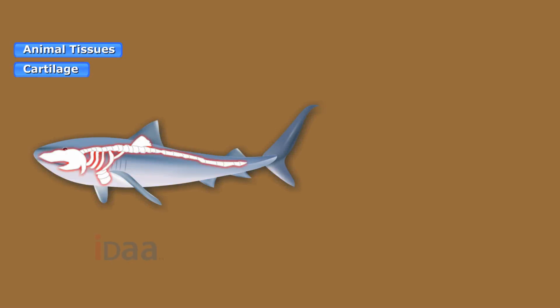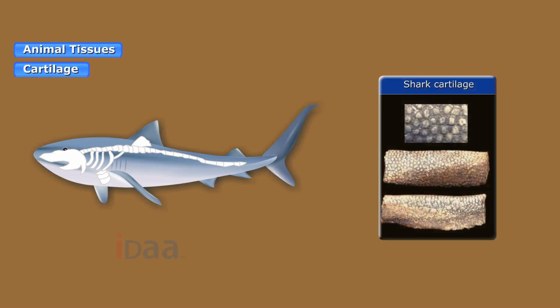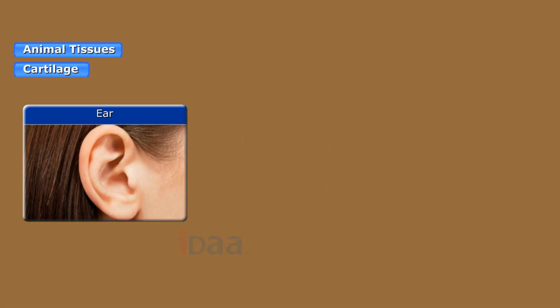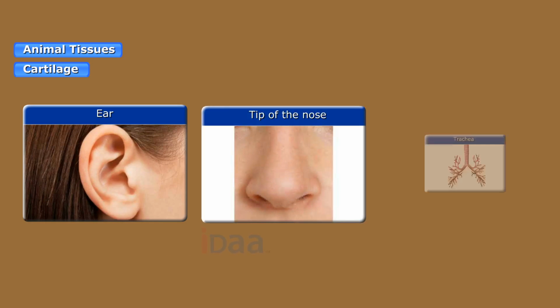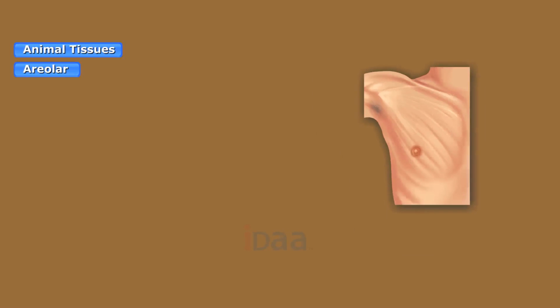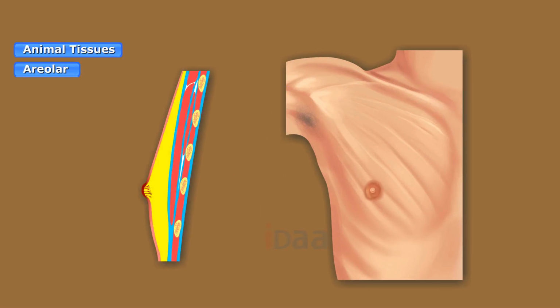Cartilage. The skeleton of shark is made up of cartilage. Cartilage is neither hard nor soft. It is present in the ears, tip of the nose, and in trachea. Areolar. It is found below the skin and muscles. The muscle in our body is attached to the skin and bone by this type of tissue.